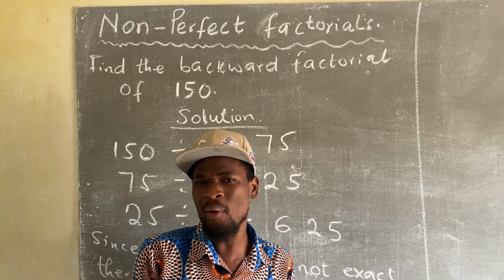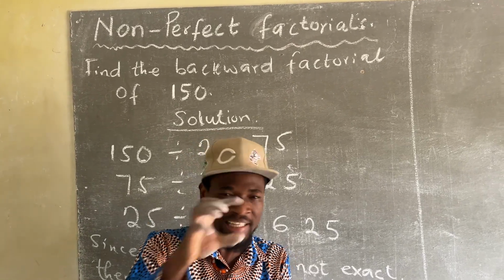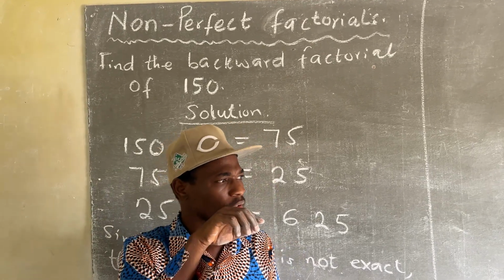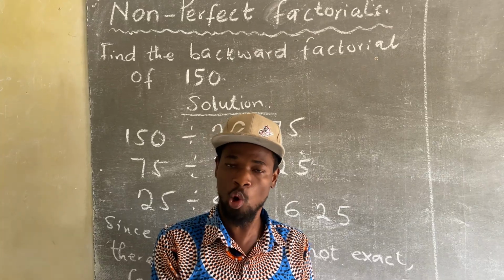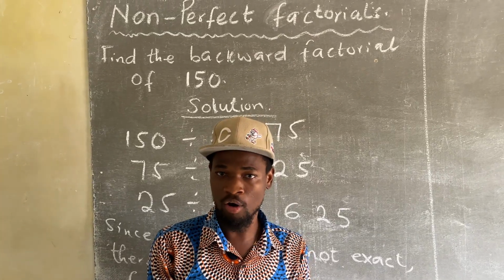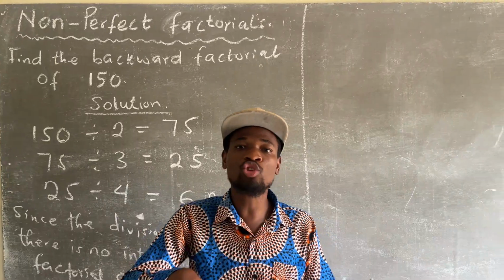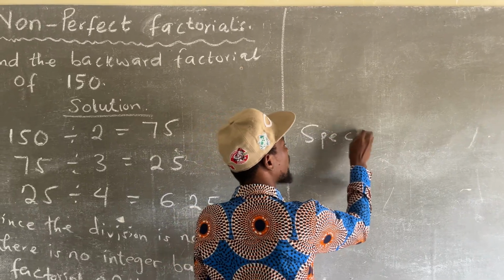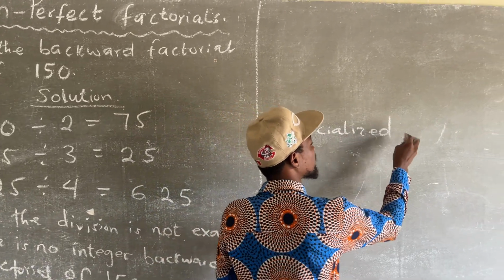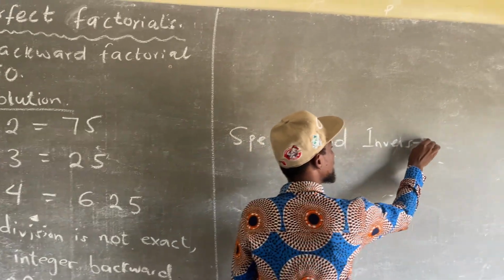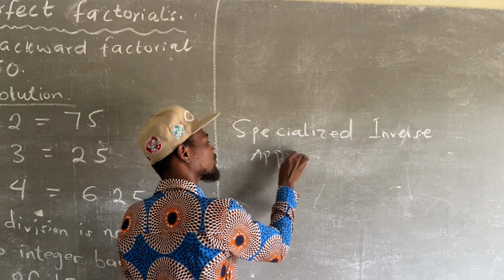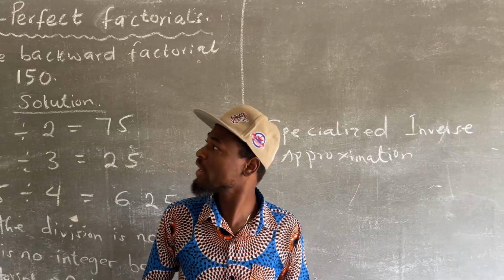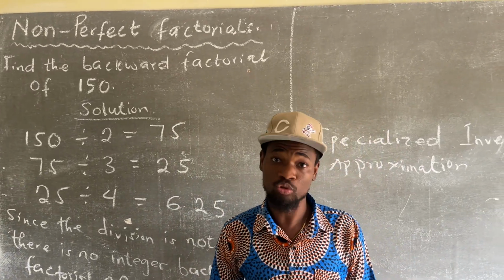Viewers, let me just say something little about the extension of it. Mathematicians employ a formula, a concept. We are going to employ the specialized inverse approximation to evaluate non-perfect factorials.